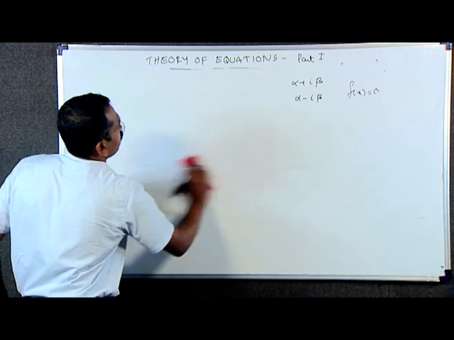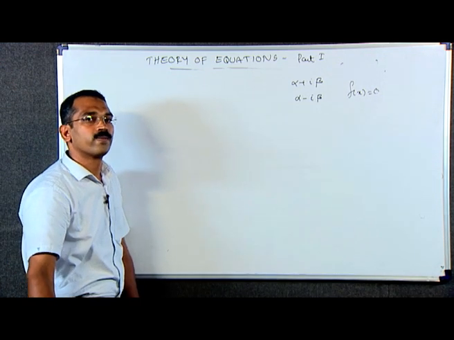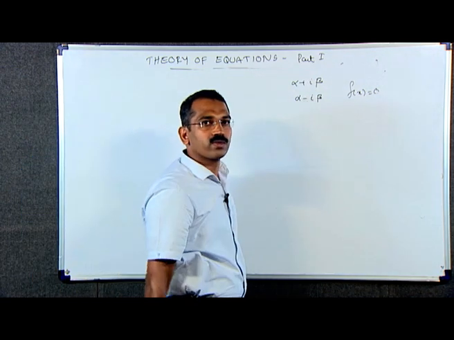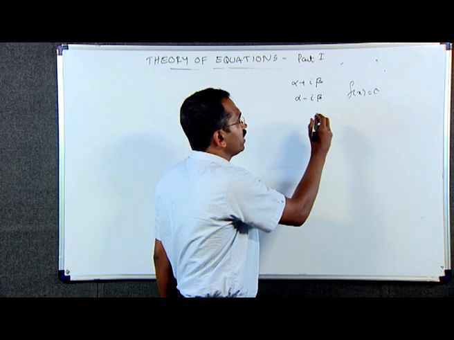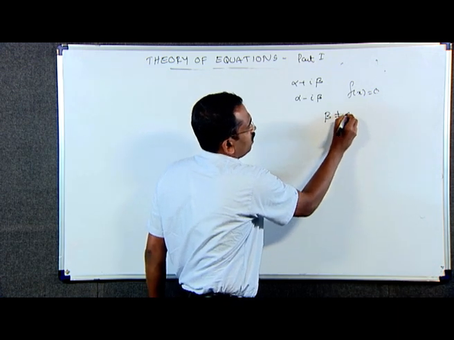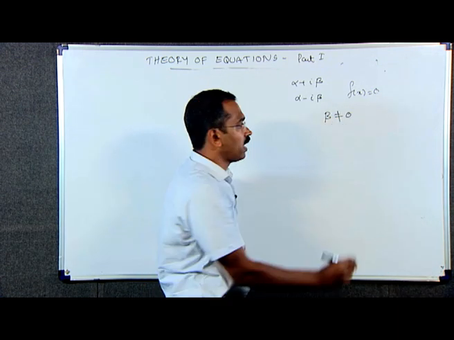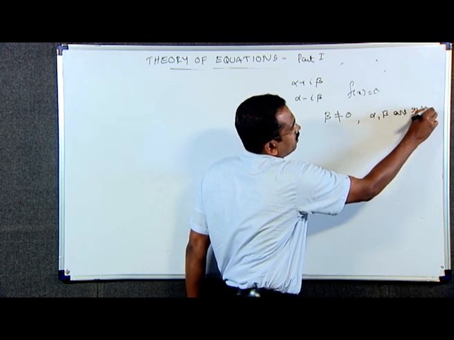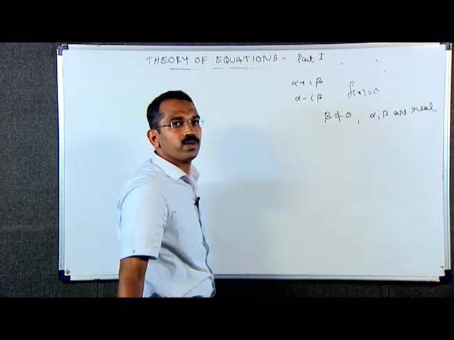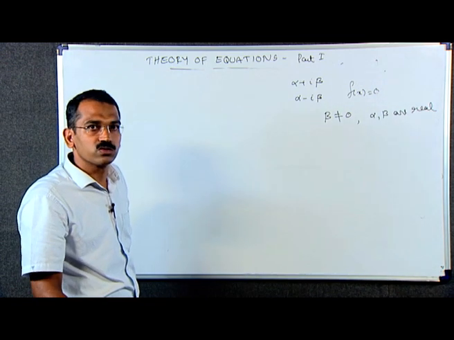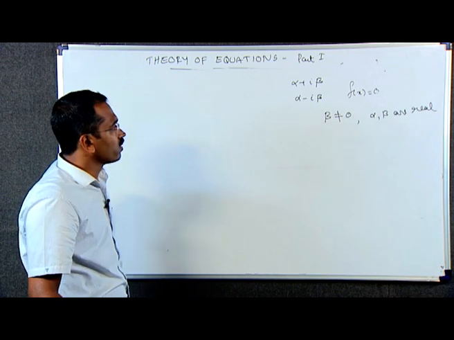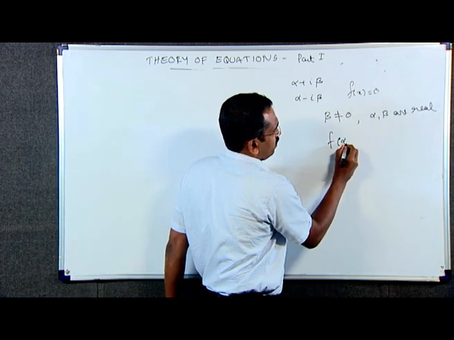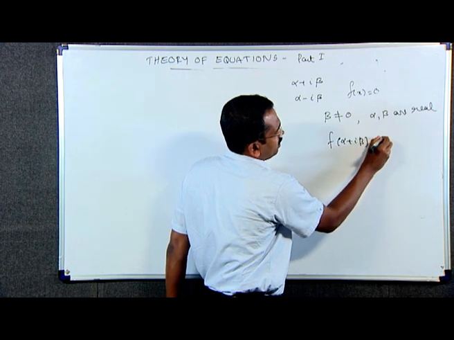Consider the proof of this theorem. Let alpha plus i beta, where beta is not equal to 0 and alpha and beta are real, be a root of the equation f of x equal to 0, meaning f of (alpha plus i beta) is equal to 0.